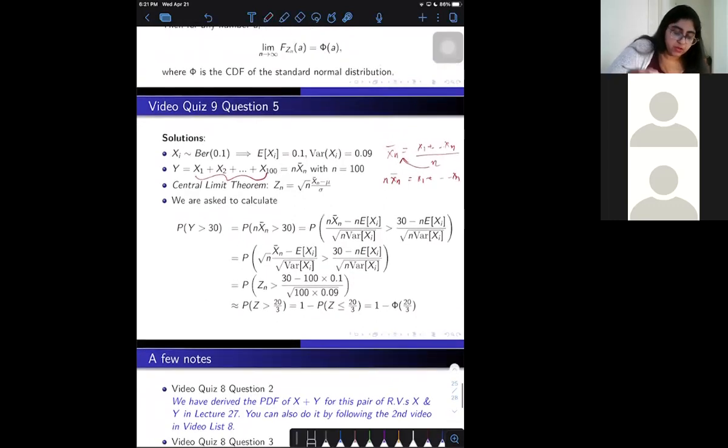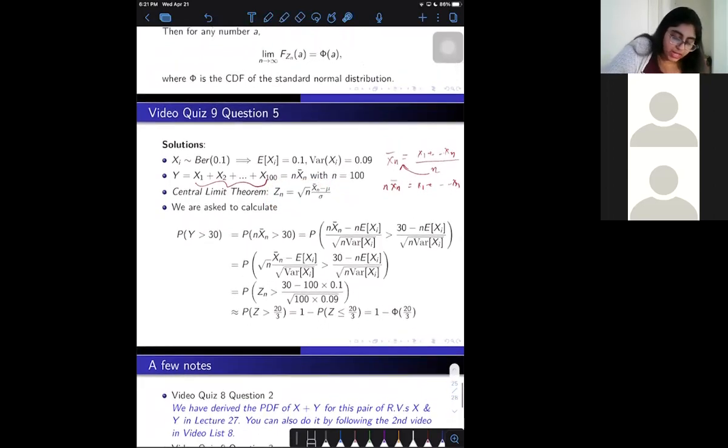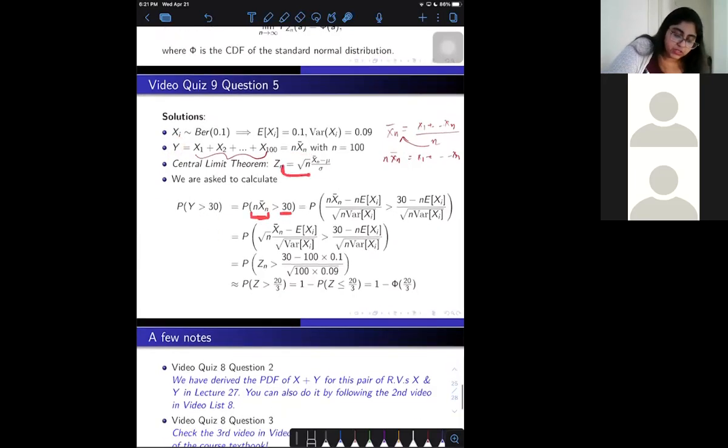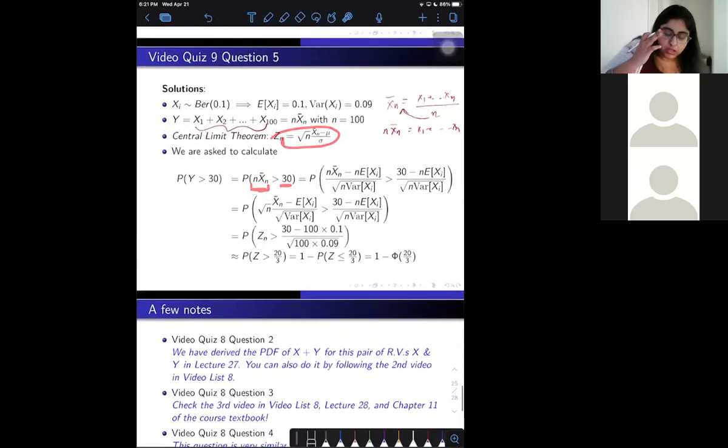According to the central limit theorem, we have this that we define as Z. We want to calculate the probability of Y greater than 30. We just said Y is n Xn bar, so we have to find when n Xn bar is greater than 30. To bring it to this form, we need to do some calculations. Usually we bring it to the standard normal form by subtracting the expected value and dividing by the standard deviation.